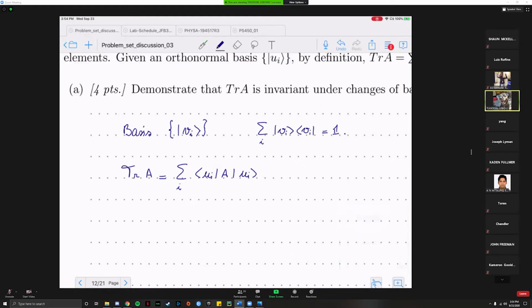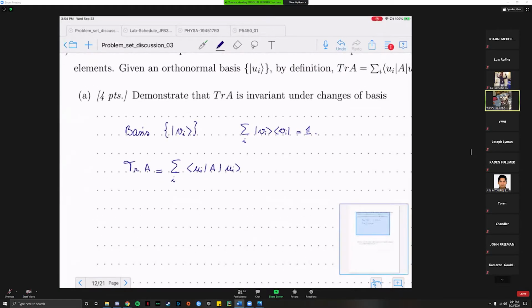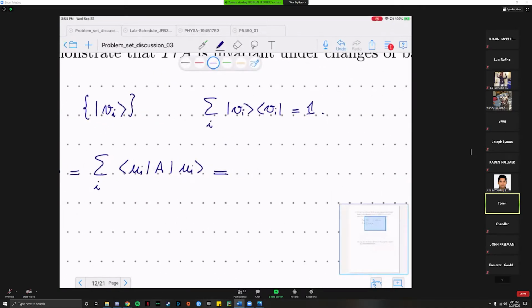and then what would you do? You would insert that identity somewhere. My first guess would be to insert it twice, once in between the bra and A, and once in between A and the ket U_i.